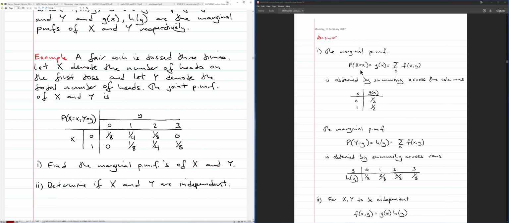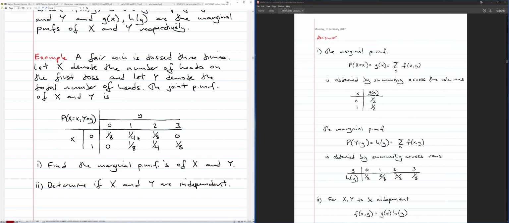To get probability big X is equal to 1, from your joint PMF you add the probabilities on your second row, the row corresponding to X is equal to 1, and in this case you'd also get a half. So your marginal PMF for X is: probability that X is equal to 0 is a half, and probability X is equal to 1 is also a half. This is your marginal PMF for random variable X.